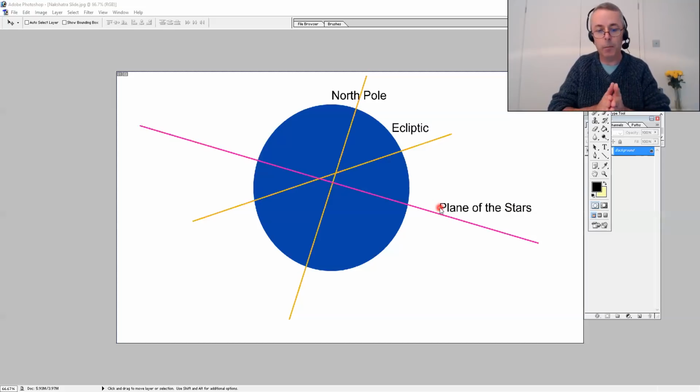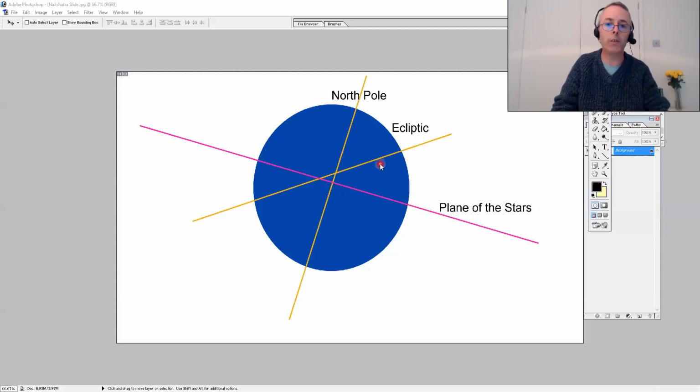Now, if you're on some parts of the planet and you watch the constellations, they will appear to move north and south at certain times. But this is really something that's created by the tilt of the Earth on its axis. So the general idea I'm trying to get across here is that the plane of the stars, or the fixed stars, is separate from the plane of the ecliptic.